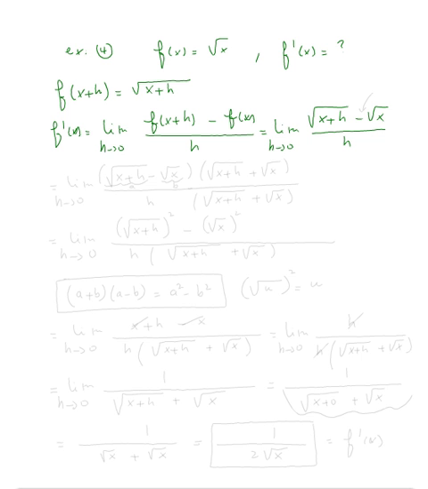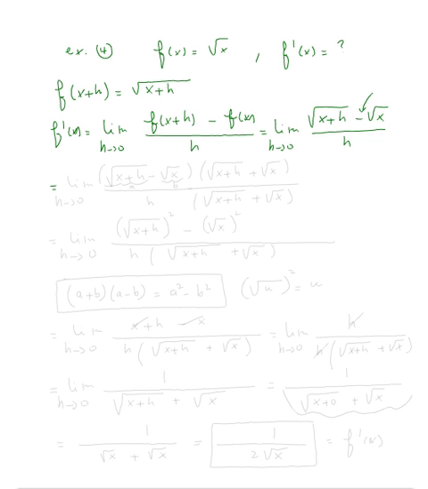so we need somehow to use a method. Every time we have a radical, one of the easiest methods is to multiply by the conjugate. In other words, if we have a minus here on the top, then we multiply by square root of x plus h plus square root of x. If it's a plus, the conjugate is a minus.